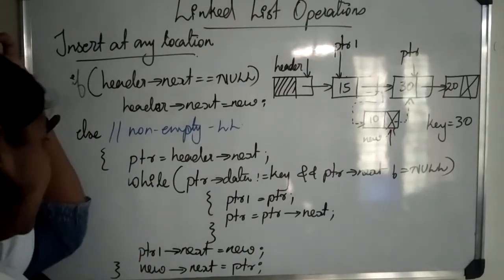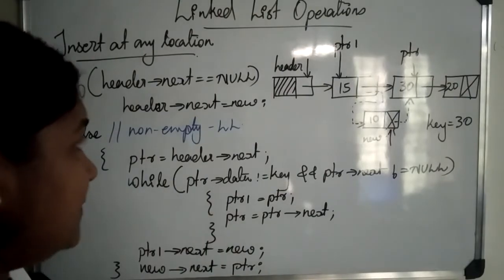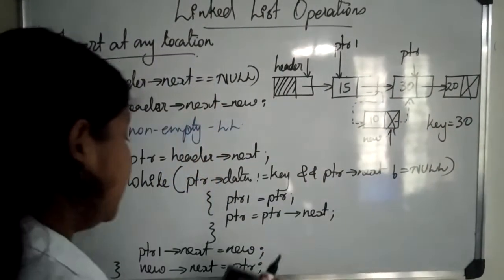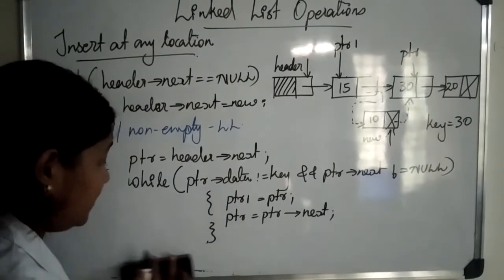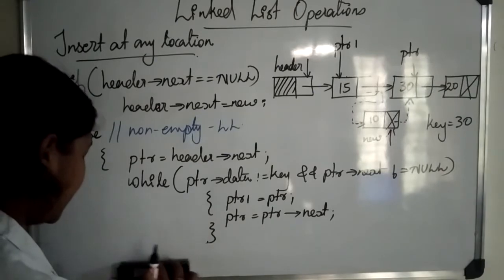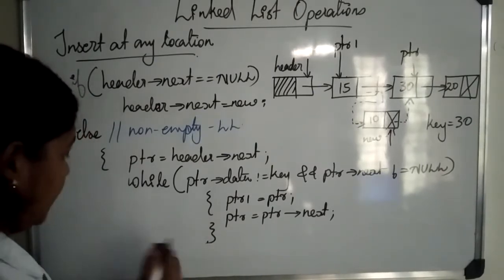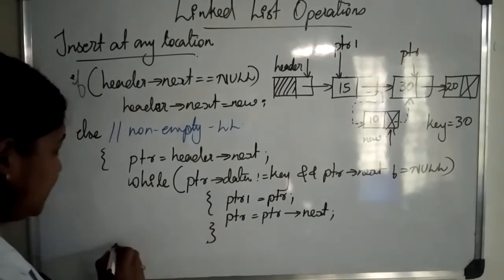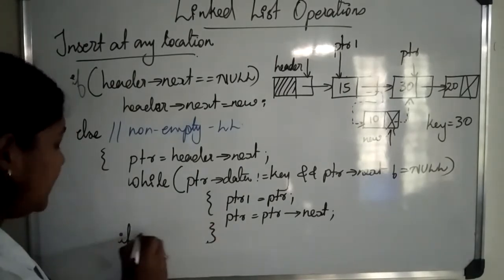And again, one more case we specified, that is, what if the key element is not there, right? So for that, we can rearrange this case. That is, we'll provide one more condition. Actually, space is not there. Still, we'll adjust.